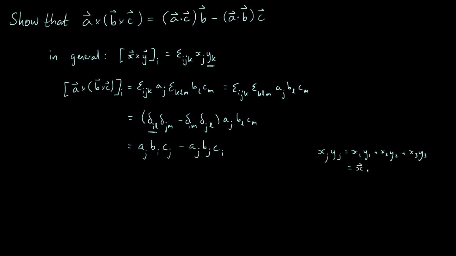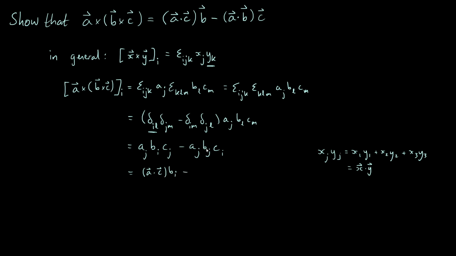So this is just x dot y written in index form. And you can start to see this is looking like what we're trying to prove, because we've got aj, cj in this first term. That is just a dot c. So we can write that as a dot c times bi.